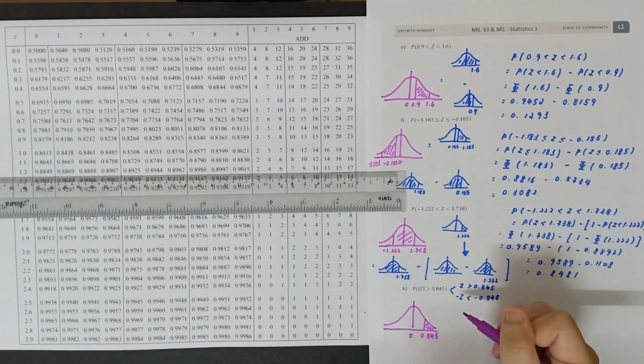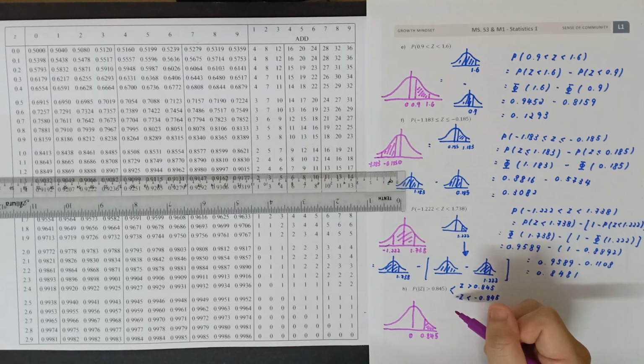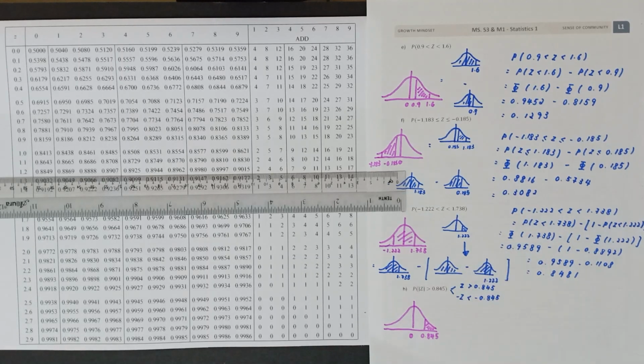You imagine this negative number, after you take the modulus, the value that you get is greater than 0.845. For example, should I take negative 1 or negative 0.5? If I get negative 0.5, after I take the modulus I get 0.5, which is not greater than 0.845. Then I should take negative 1, correct?